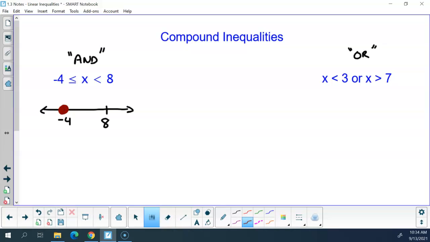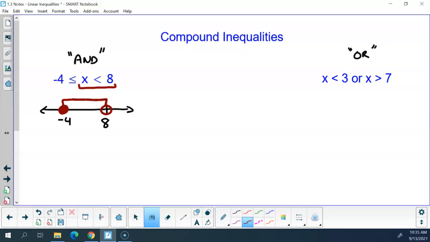Okay. So basically right now we're looking at that inequality. Which way would that arrow go? It'd go to the right. Now I'm going to look at this inequality. Open or closed there? That's open. Which way would that arrow go?